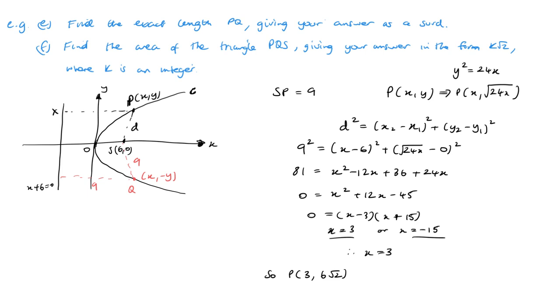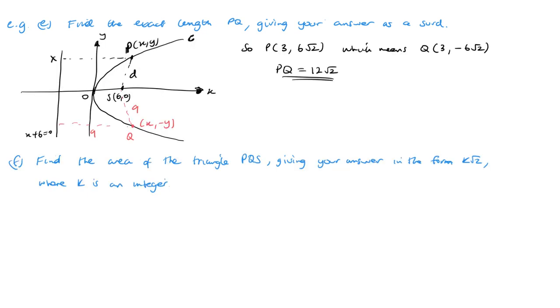So P is 3, comma 6 root 2, which means that Q is 3, comma minus 6 root 2. So we've got our P and our Q. So the length of PQ is 12 root 2.